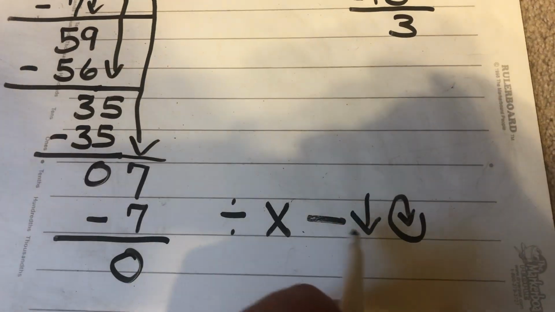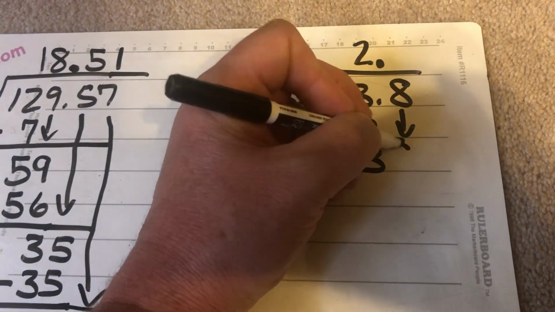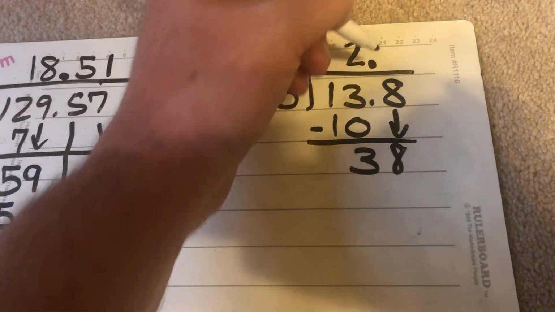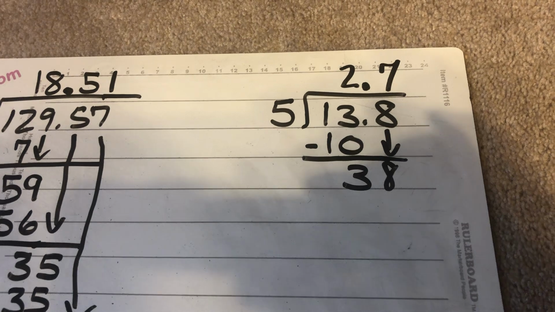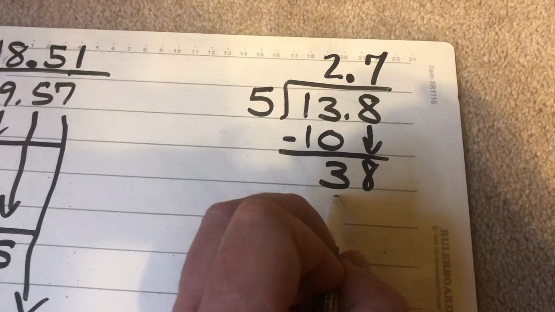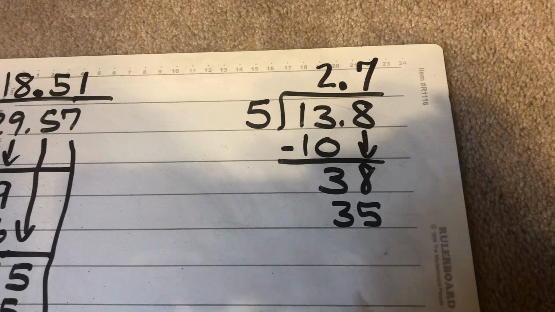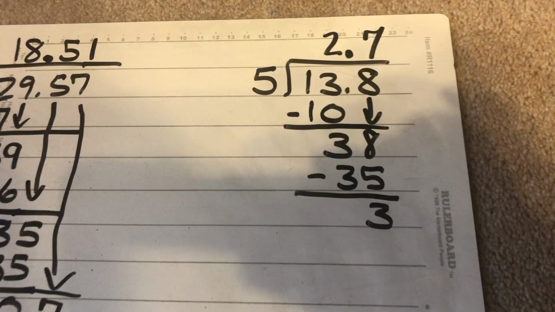After I subtract, I bring down. All right, so I go ahead and I bring down the 8. 5 can go into 38 7 times. All right, 5 times 7, because after I divide, I multiply. 5 times 7 is 35. 38 minus 35 is 3.